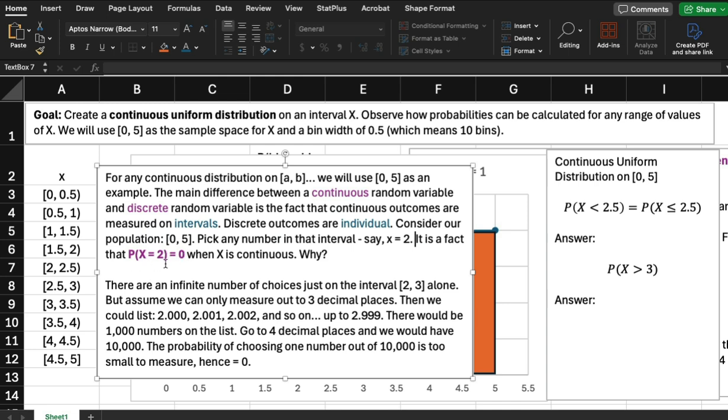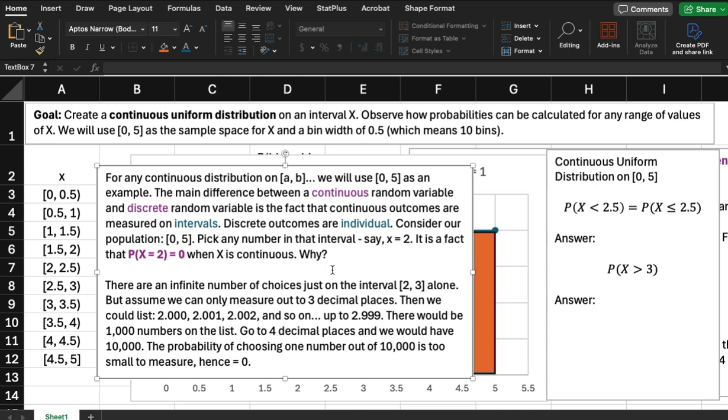So probability of x equals 2 is equal to 0. Probability of x equals 3 is equal to 0. Probability of x equals 1/2 is equal to 0. You just pick any number at all and replace the 2 with it, and the probability that x is exactly that is always going to be 0 when we are on a continuous random variable.